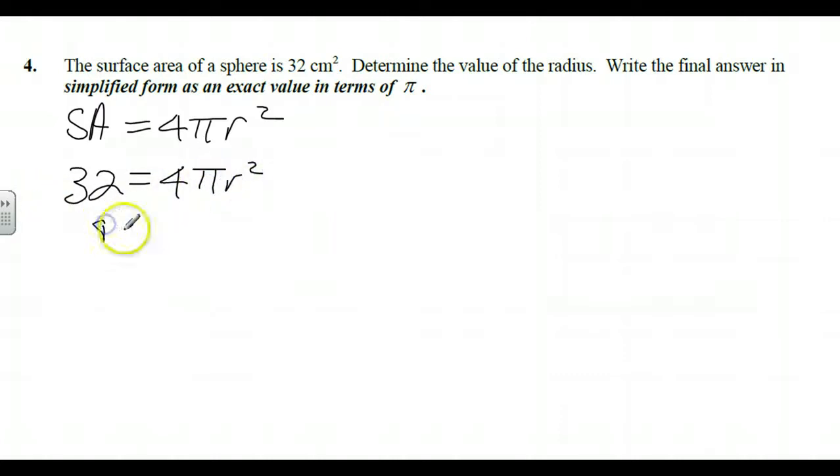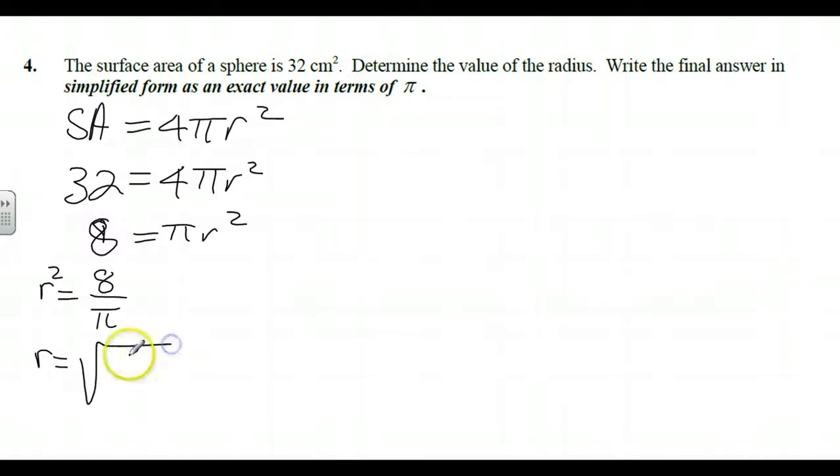32 divided by 4 is 8, and that's pi r squared. So 8 over pi, well, that's what r squared is equal to. So r is the root of 8 over pi. Okay, well, we want to write the 8 as 4 times 2 over pi.